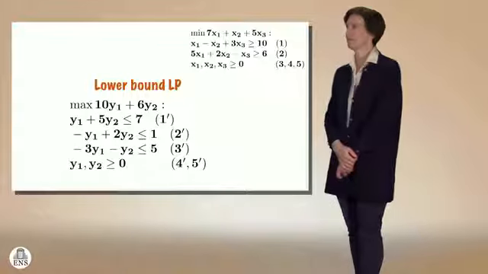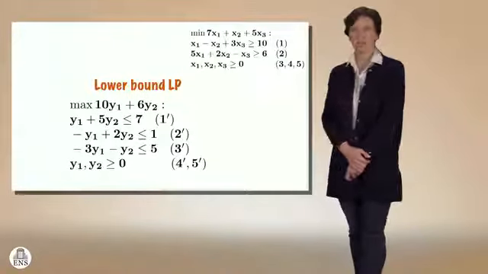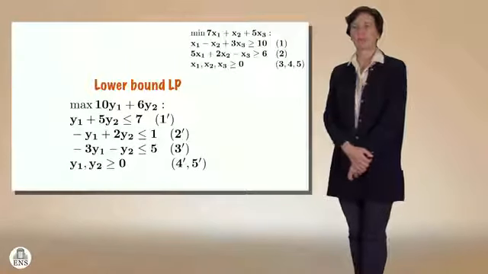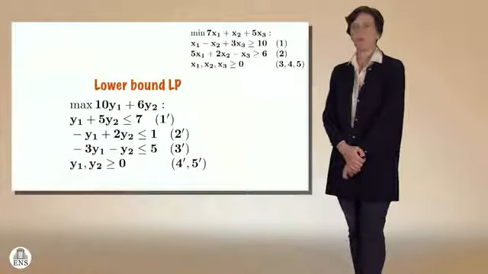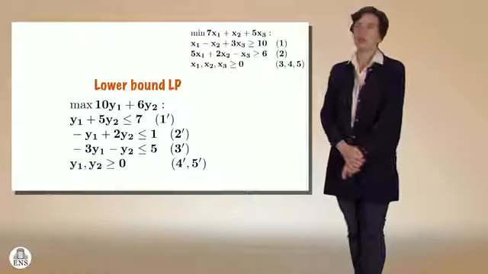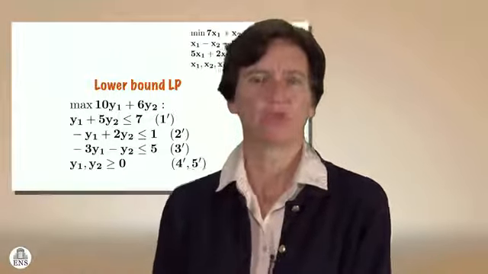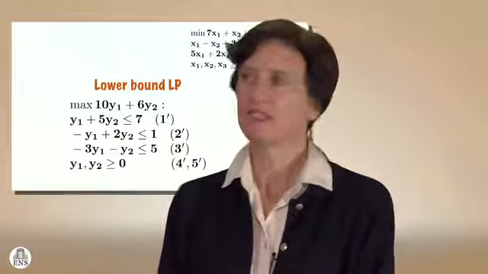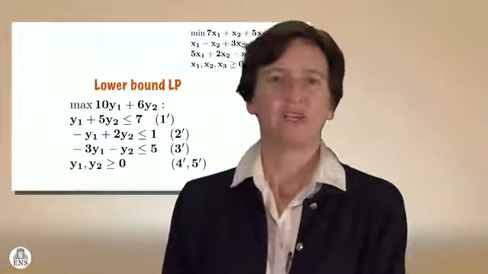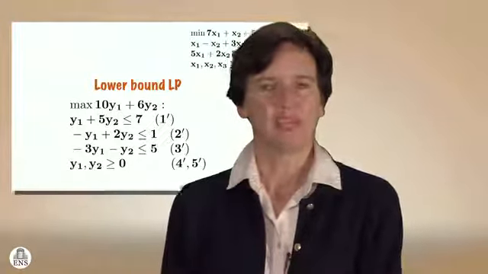Here it is. Max of 10y1 plus 6y2 such that y1 plus 5y2 is at most 7, minus y1 plus 2y2 is at most 1, minus 3y1 minus y2 is at most 5, and y1, y2 are greater than or equal to 0. This is the dual of the initial linear program we started from in the example.